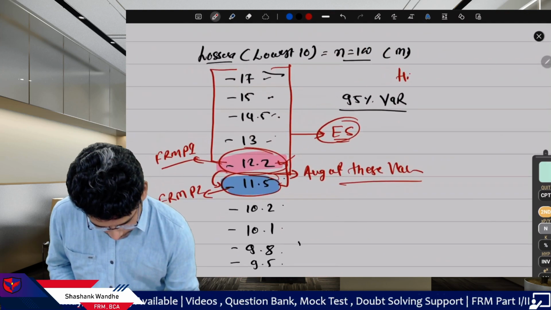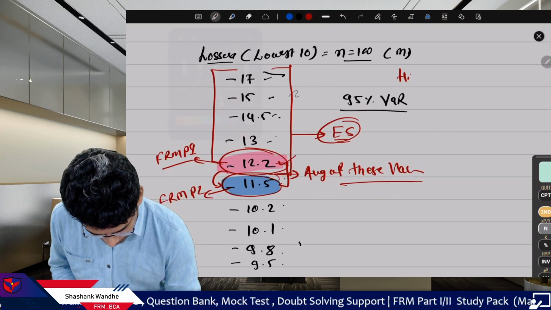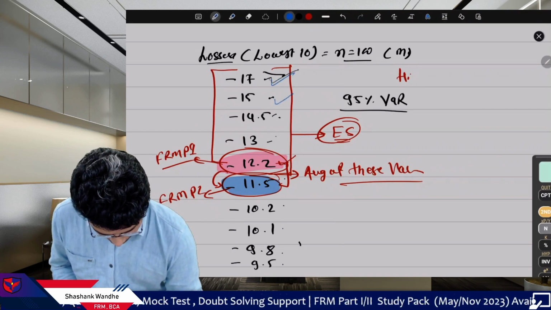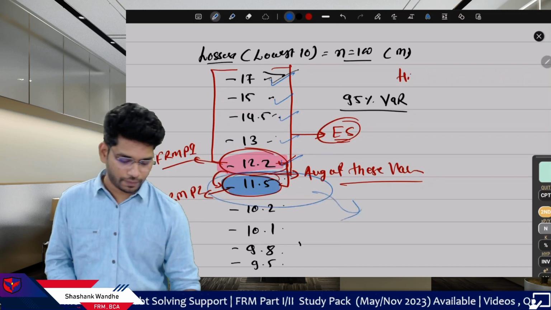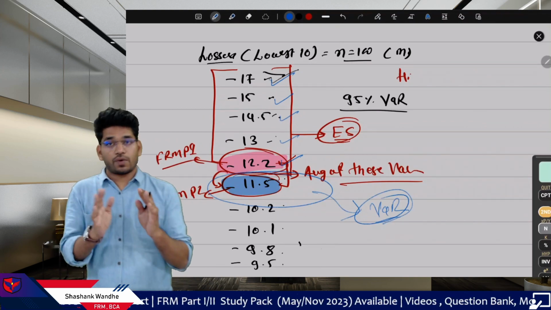If you come here, you will see first value, second value, third value, fourth value, fifth value, and this is our 6th value. So this is our VAR. This is what you need to remember.